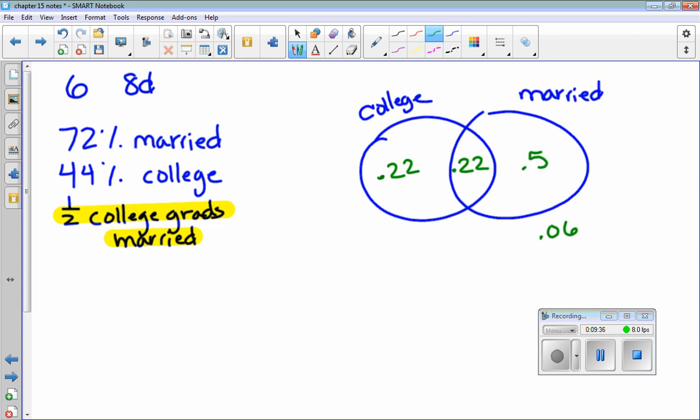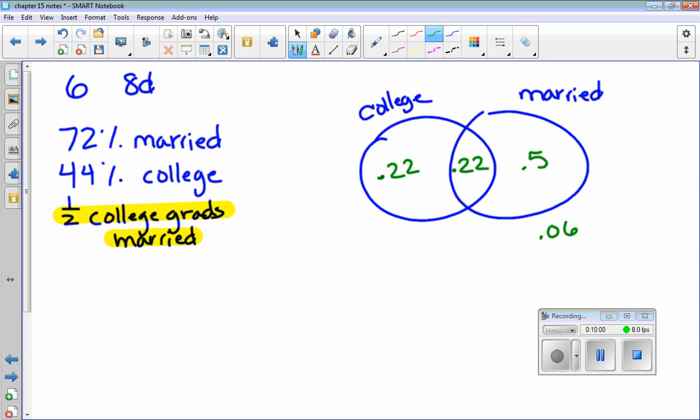Part A says, find the probability that a randomly chosen worker is neither married nor a college graduate. Which number on the Venn diagram is that? 0.06. Got it. There's also a formula way to do it, but let's pick one way. Part B is married but not a college graduate.